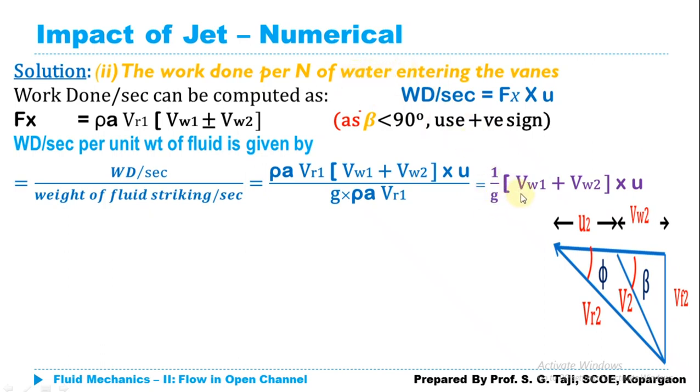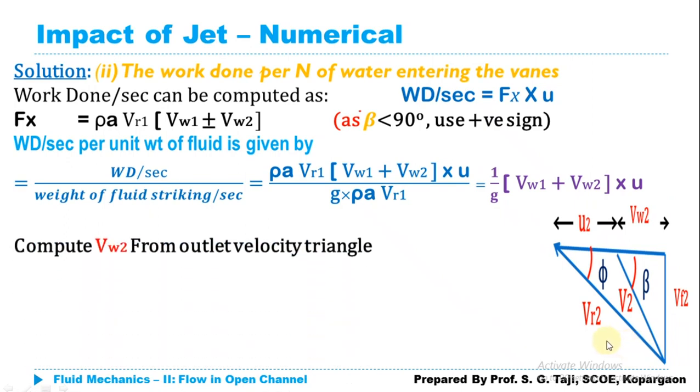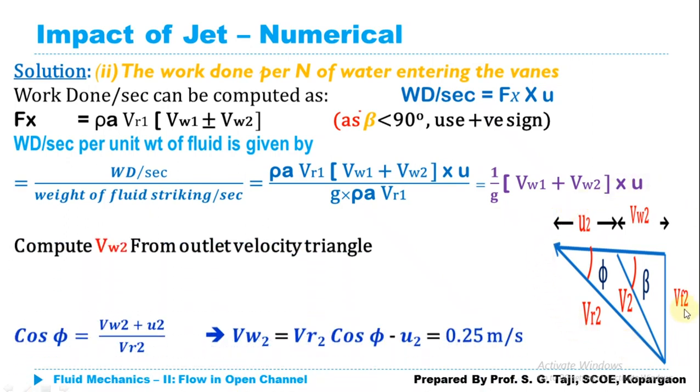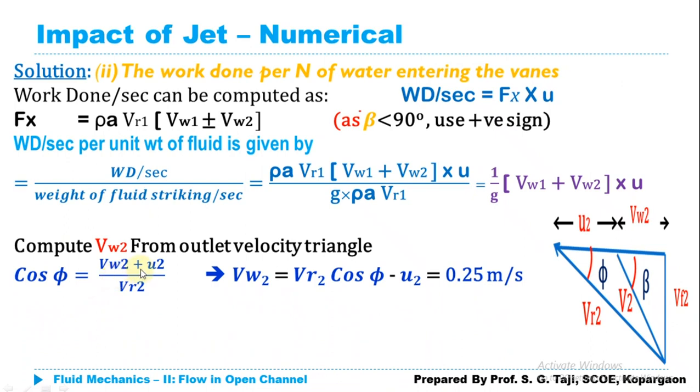So in this equation, vw1 we have already calculated, vw2 we need to calculate. How are we going to calculate it? We are going to make use of the outlet velocity triangle again, and a trigonometrical formula. This is given by cos of phi, (vw2 plus u2) divided by vr2, because all those are known values. What we don't know here are vf2 and v2.